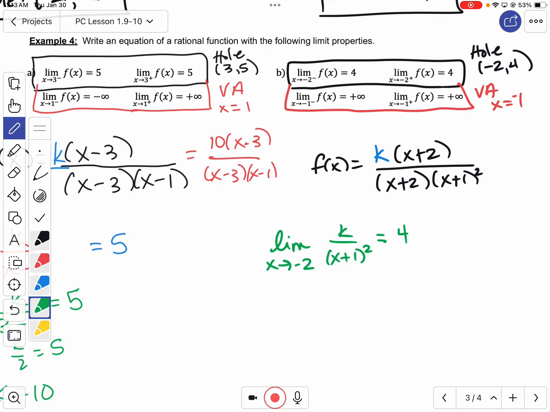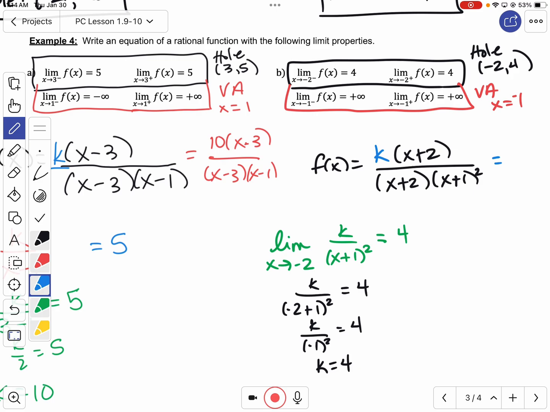Now let's evaluate the limit. Let's plug the negative 2 in. So that's going to give me k over negative 2 plus 1, we're going to square it, and the whole thing is going to equal 4. So we're going to solve for k. Negative 2 plus 1, that'd be negative 1, and we'd square it. Well, negative 1 squared is just 1, so my k is 4.